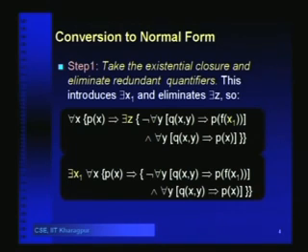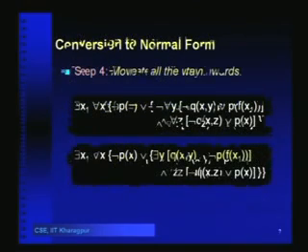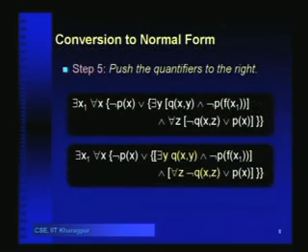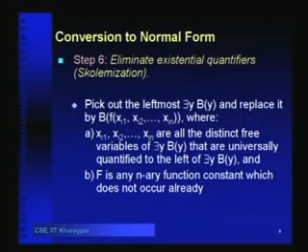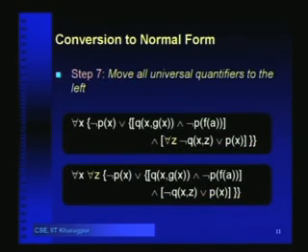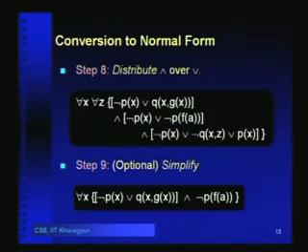Like taking the existential closure and eliminating redundant quantifiers, then renaming any variable that is quantified more than once, eliminating implication, then moving negation all the way inwards to the predicates, pushing the quantifiers to the right, then eliminating existential quantifiers through a skolem function, which is also called skolemization, followed by moving all universal quantifiers to the left, and finally distributing the and over or to get the conjunctive normal form, and finally an optional step to simplify, so that in the end we get a set of clauses.